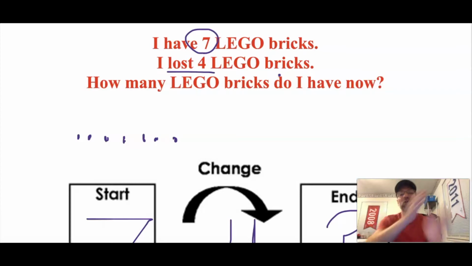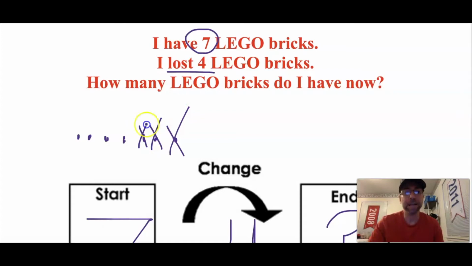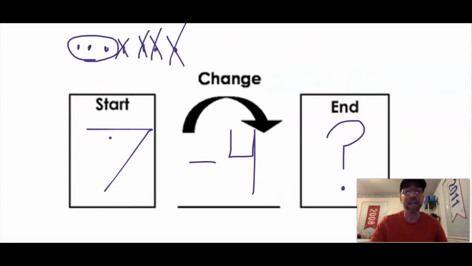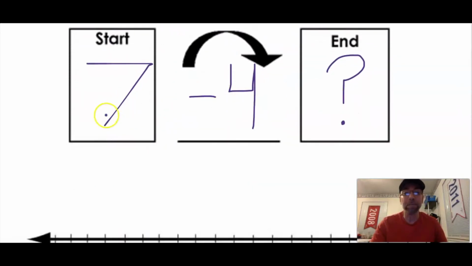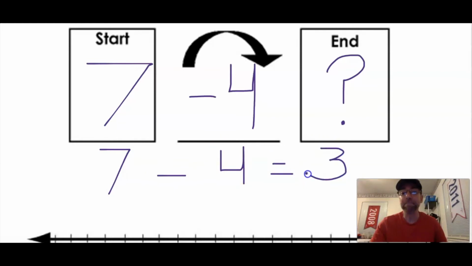So now I'm going to cross off 4 of them. 1, 2, 3, 4. How many Lego bricks do I have left? 1, 2, 3. Now you can almost see the number model. 7 minus 4 equals 3.